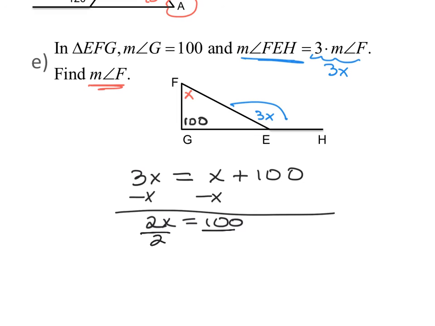Divide by 2. And x equals 50. And remember, we set the measure of angle F to be x, so the measure of angle F is 50 degrees. This exterior angle would have been 3 times that amount, so this one would be 150. And that is it for section 5.1.